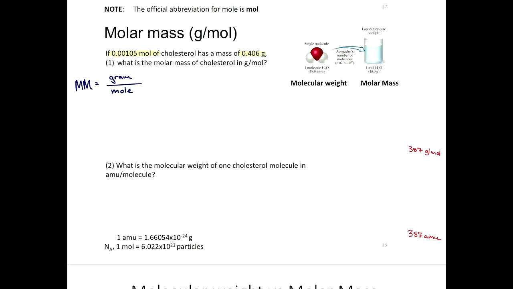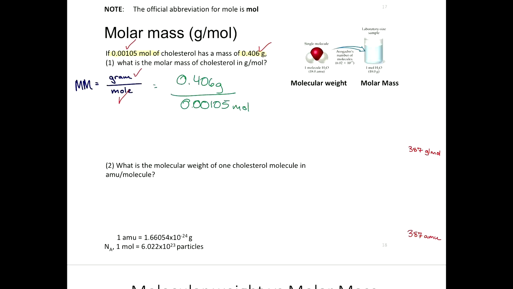I have a gram amount, I give it to you in the question, and I give you a mole amount. It's in the question. So it looks like it's just plug and chug here. To get the molar mass of cholesterol, I'll just do 0.406 grams over 0.00105 moles. I wouldn't even consider this an equation. I'm just looking at the units and dividing by the appropriate things to get it.